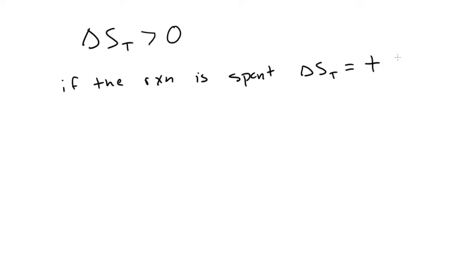This has got to be greater than 0. It basically has to be a positive number if the reaction is spontaneous. So let's write that down. If the reaction is spontaneous, and we talked about spontaneous when we talked about delta G, then delta S of the universe, or delta S total, has got to be some positive number.